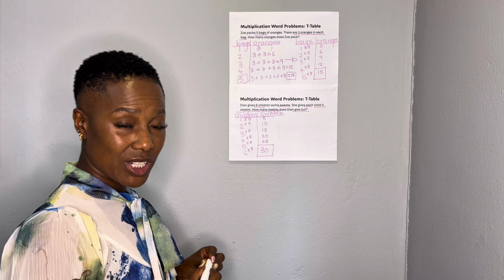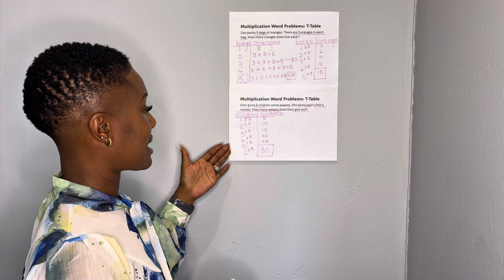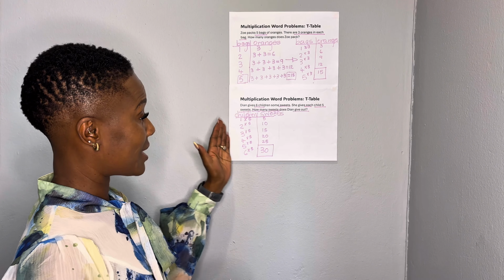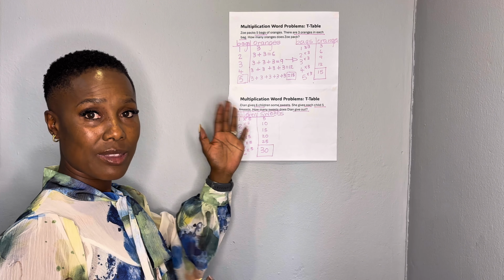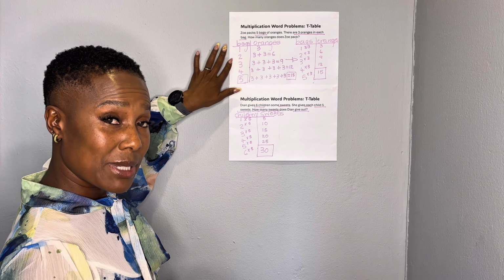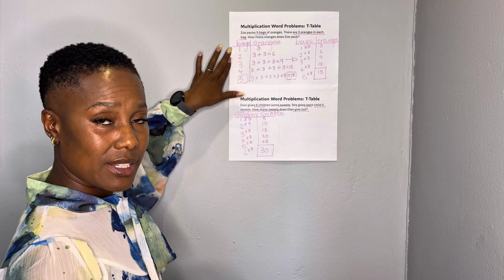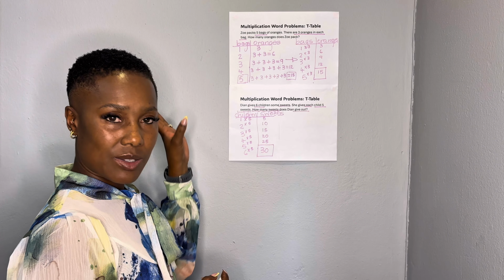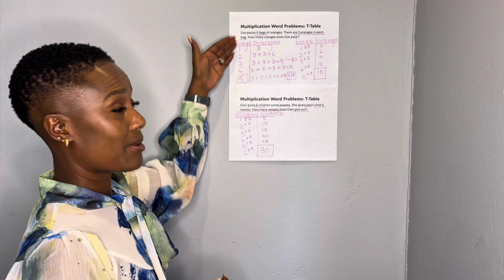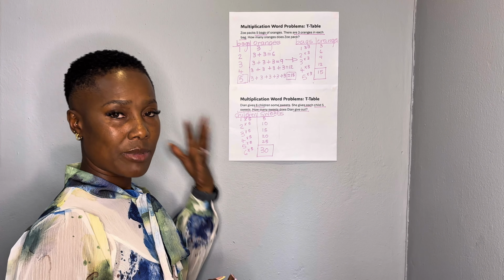However, as I mentioned earlier, if your child has not yet developed the multiplicative reasoning of this T table, allow them to work it out using the repeated addition method. Still using the T table. It's acceptable. They are correct. This is how they understand it. Give them the platform.